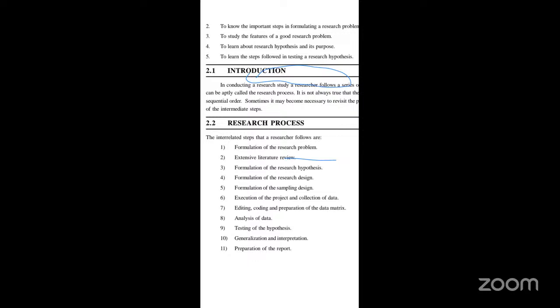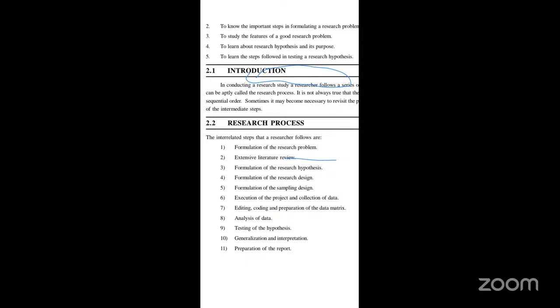So what is the research process? The first is formulation of the research problem, extensive literature review, formulation of the research hypothesis, formulation of the research design, formulation of the sampling design, execution of the project and collection of data, editing, coding and preparation of the data matrix, analysis of the data, testing of the hypothesis, generalization and interpretation, and preparation of the report.